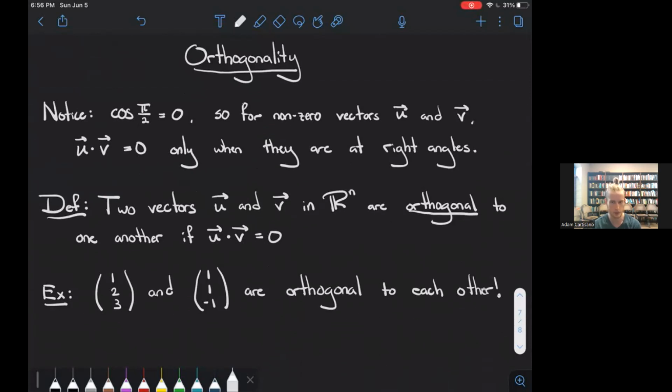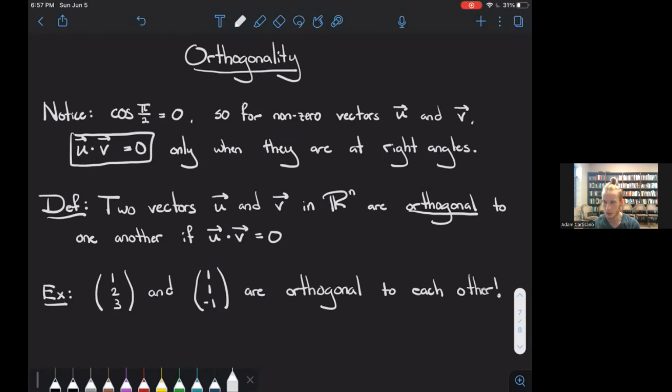If you knew that the angle between two vectors was pi over 2, 90 degrees, a perfect right angle, and if you knew that the vectors were non-zero, then by the formula, u dot v over norm of u, norm of v, the only part that can make the output 0 is the numerator u dot v. In other words, u dot v has to be equal to 0 when two vectors are at right angles to one another.